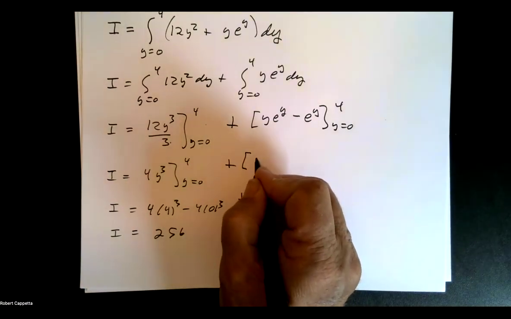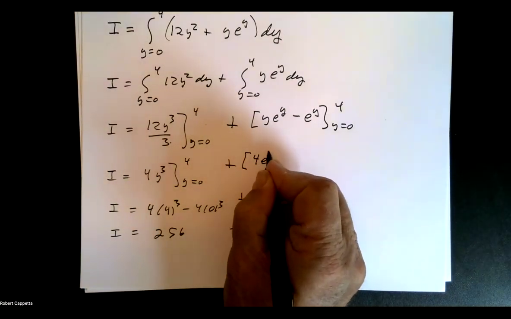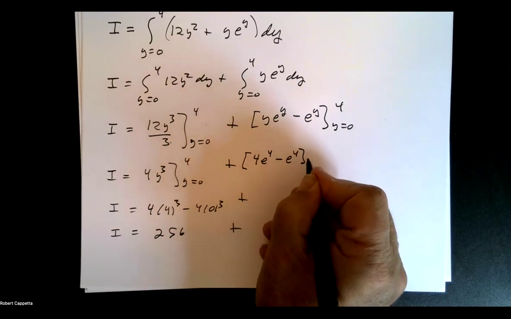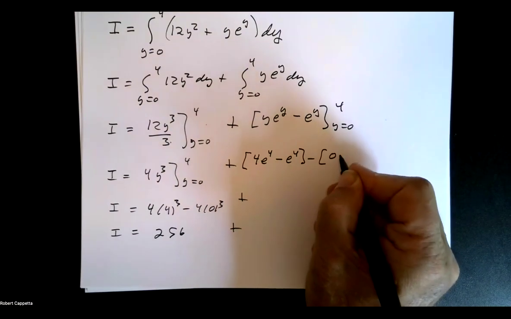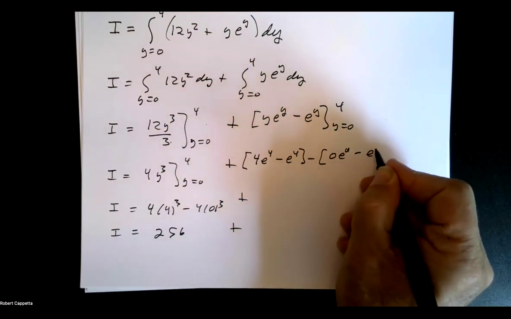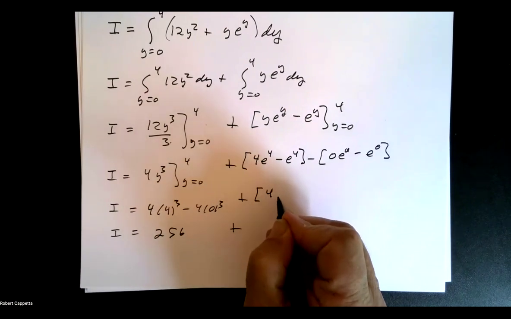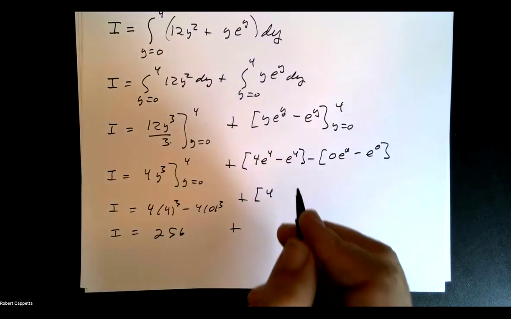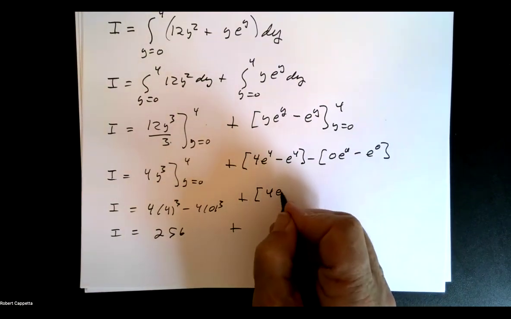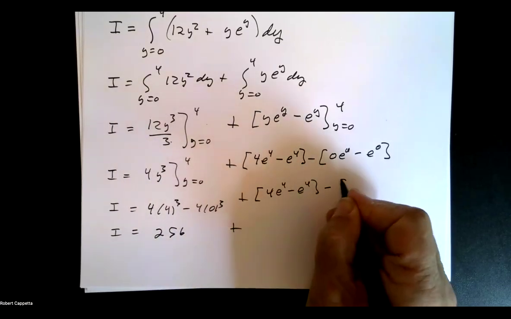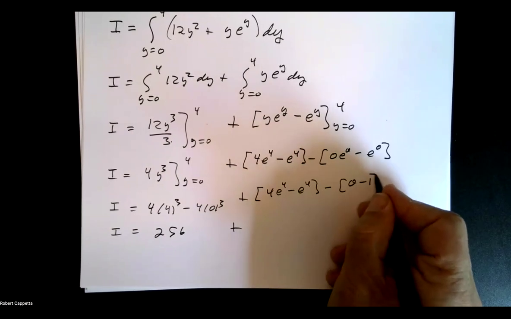We get 4e to the 4th minus e to the 4th, minus, plug in 0, 0 times e to the 0 minus e to the 0. That gives me 4e to the fourth minus e to the fourth, obviously 3e to the fourth, minus what? 0 minus 1.